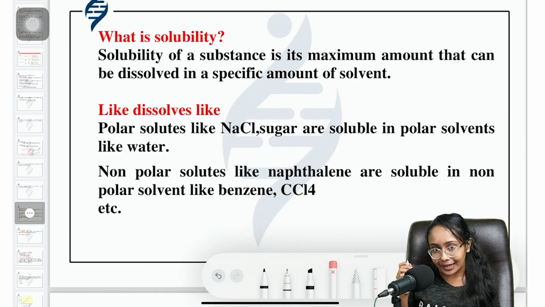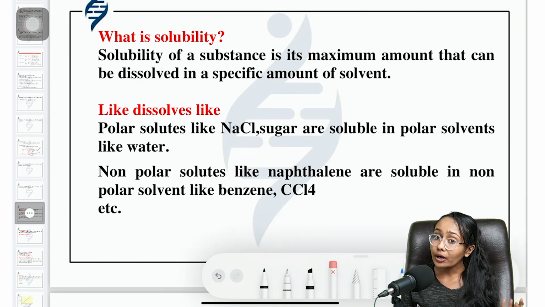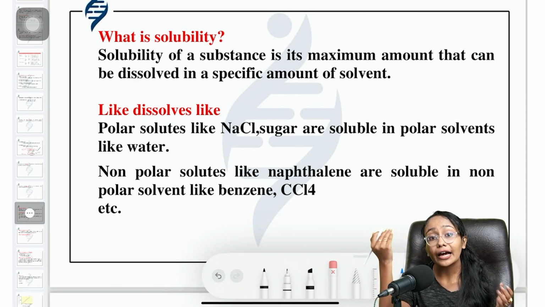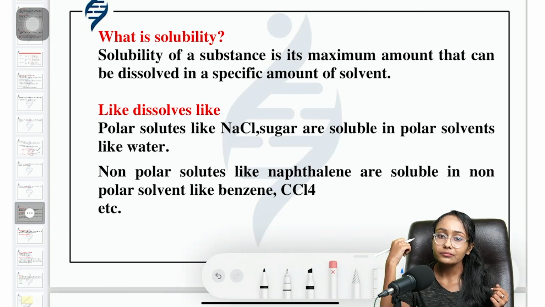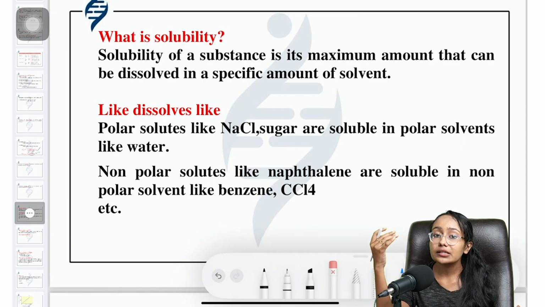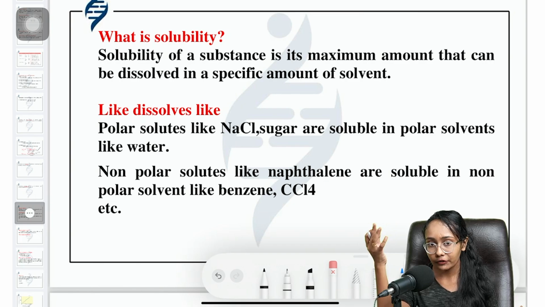The same case is happening in the case of salt solution. The point at which the solvent cannot dissolve any more solute is called the saturation point. And the solutions which have already acquired that stage are called saturated solutions. Fine. Solubility means the amount of solute that can be dissolved in a particular amount of solvent.